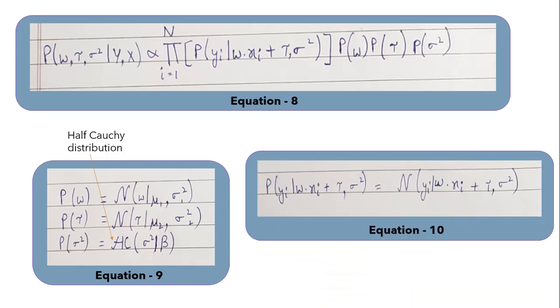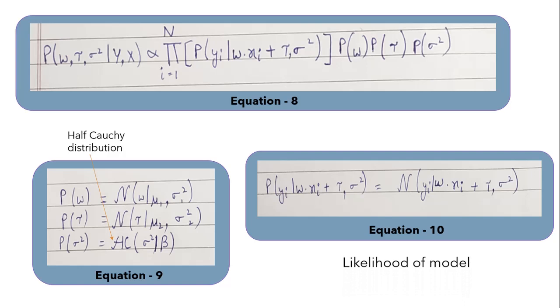Since we have defined the prior probability distributions, now it is time to define the likelihood of the model. So guys, the likelihood of linear regression model is the probability of yi given wx plus tau and standard deviation. We have already defined yi in terms of w, tau and standard deviation in equation 5.